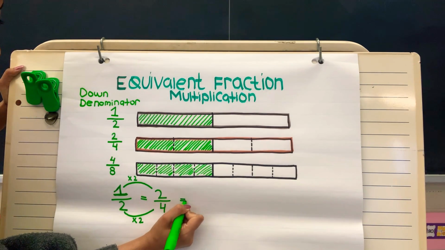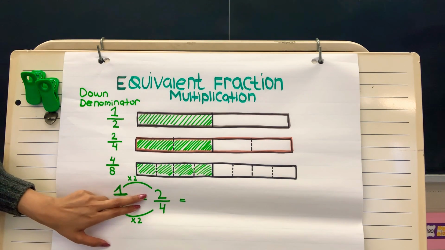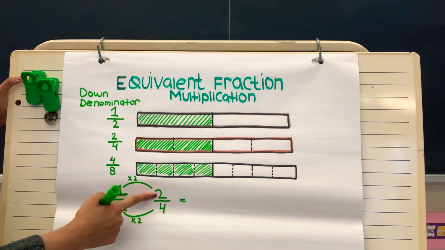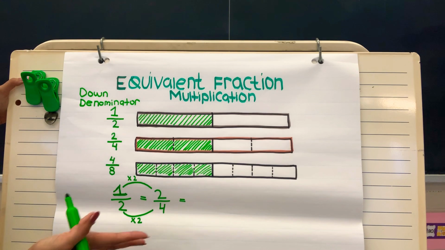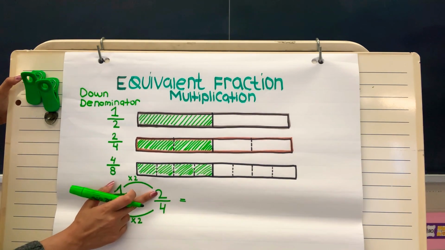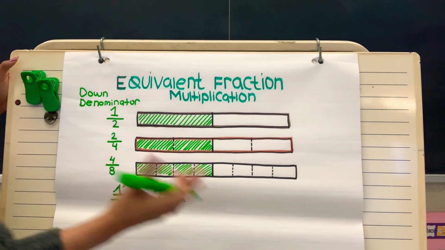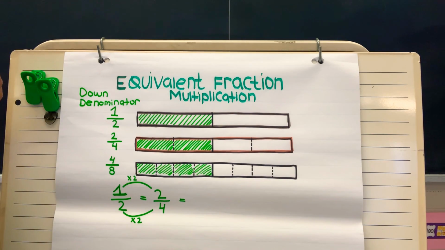Now let's find out another equivalent fraction. So how can I go from 1/2 to 4/8? I know that I need to double up my numerator and my denominator, because I'm finding an equivalent fraction. However, we need to learn how we are doubling it up. We're not just doubling because we need to double.